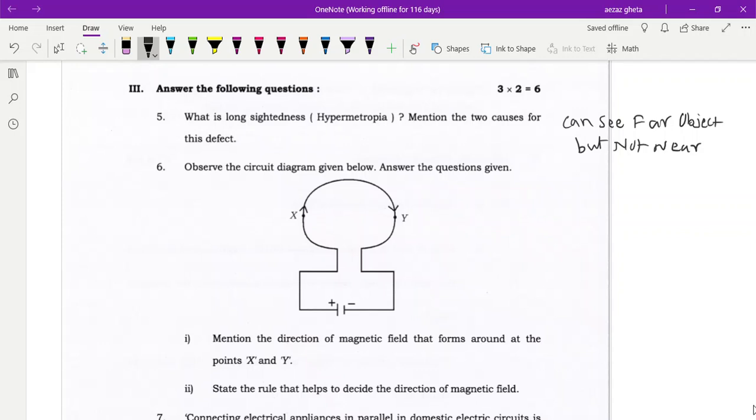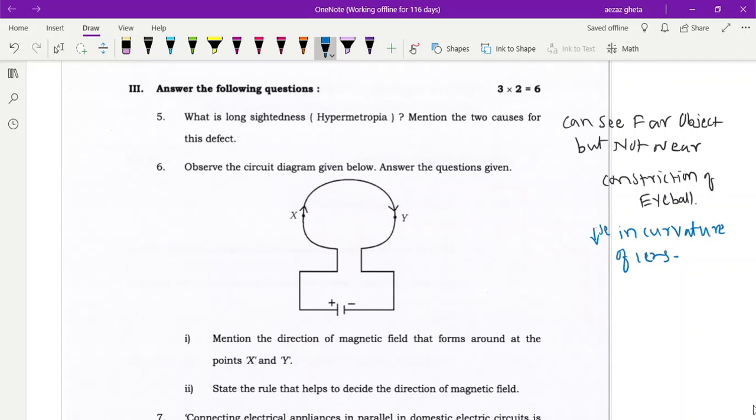Mention the causes for this defect. See, what are the causes here? Due to constriction of the eyeball, or due to a decrease in the curvature of the lens.